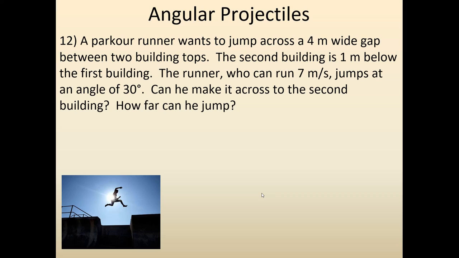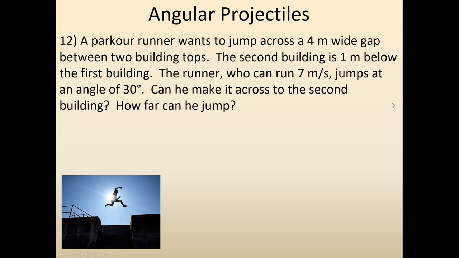All right. Now, when we go to plug the numbers in, the one thing that we have to actually be careful about is that not every number given is going to be used. One of these numbers in particular is what we will call a reference number. And that number is the 4-meter gap. They tell us that the two buildings are 4 meters apart, with the second building being 1 meter below. And then later on, it asks us basically how far does he jump?